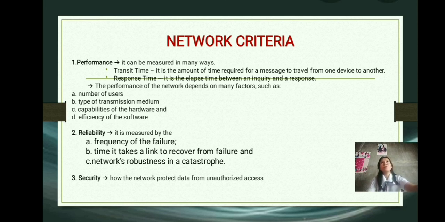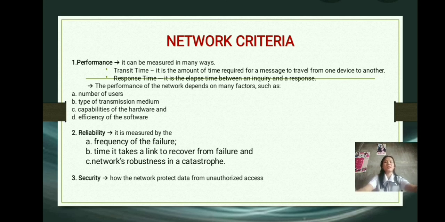Performance is defined as the rate of transference of error-free data in the network. First is the transit time. It is the amount of time required for a message to travel from one device to another. So it is just the amount of time required for a message to travel from one device to another.